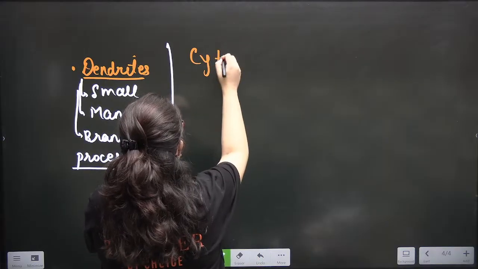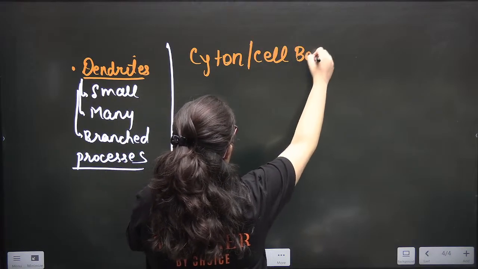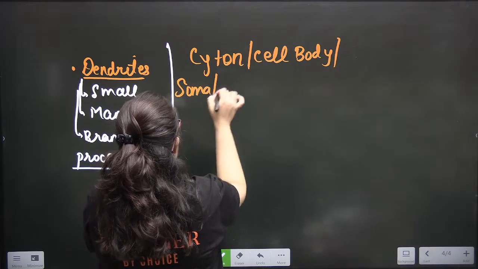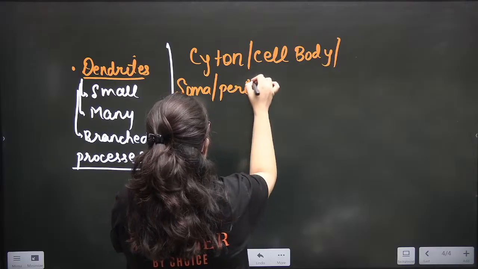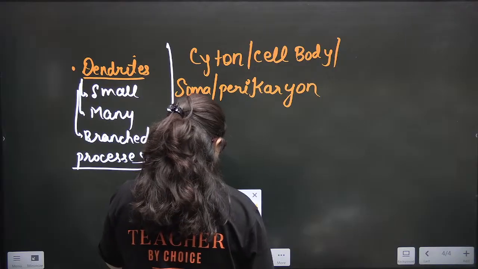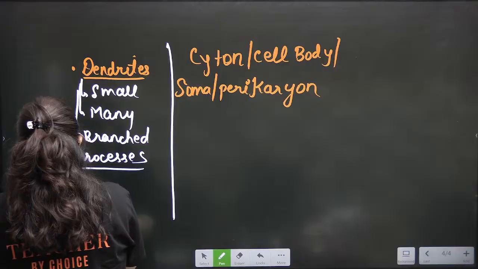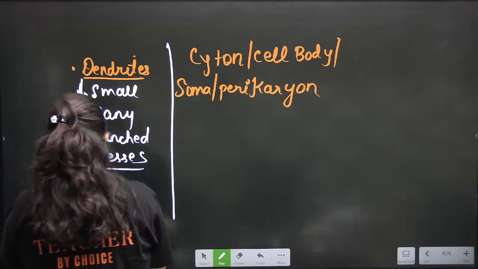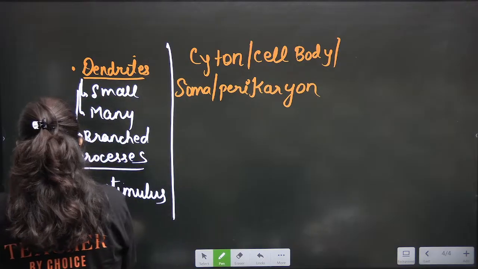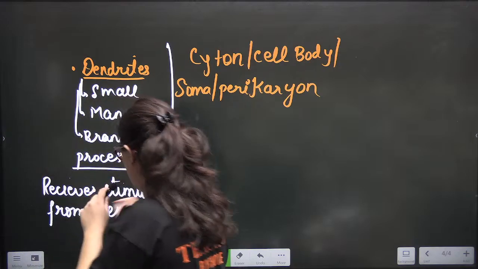Cyton, cell body, soma, or perikaryon receives stimulus from sense organs.